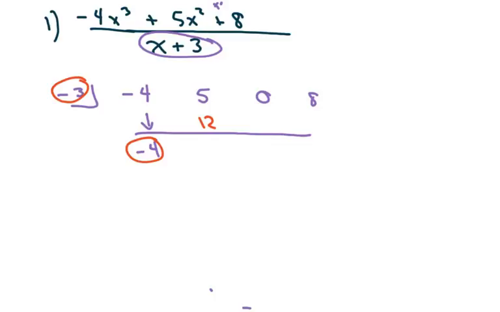Then you add these two, 5 and 12. Then you multiply these two, and you get negative 51, and you add. And you multiply, let's do a different color, these two, and you add. Oh, it's 153, sorry.